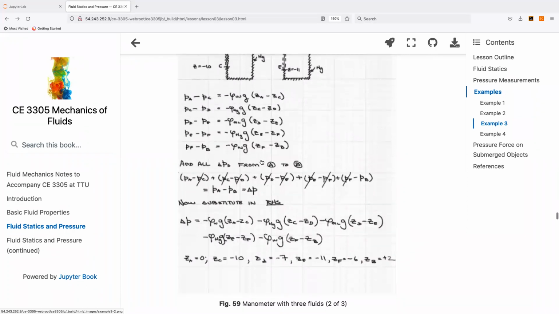Don't put numbers in yet, and formulate that whole set of equations. We have the individual pressure equations, which we use to get the total change. Also going to be a PA.